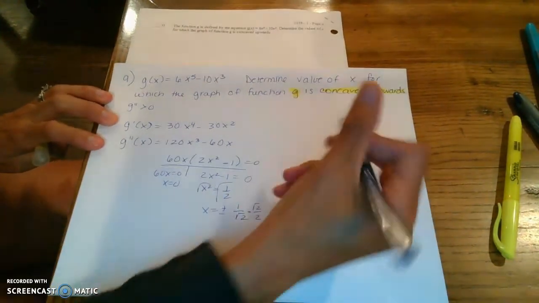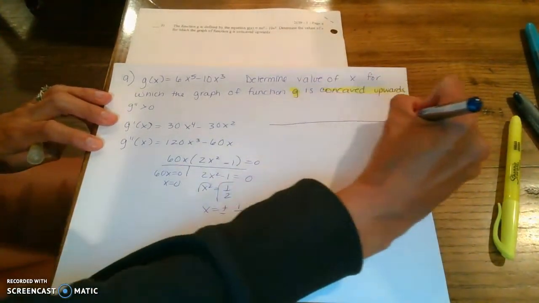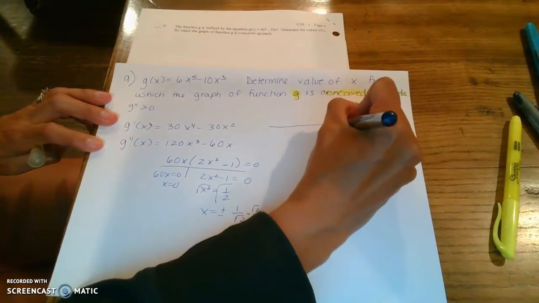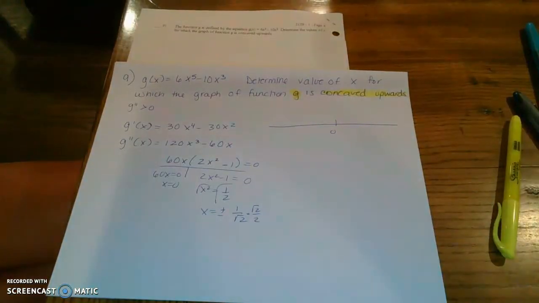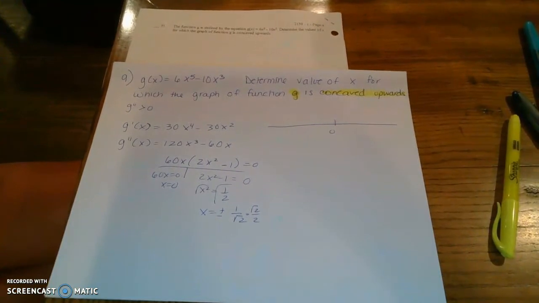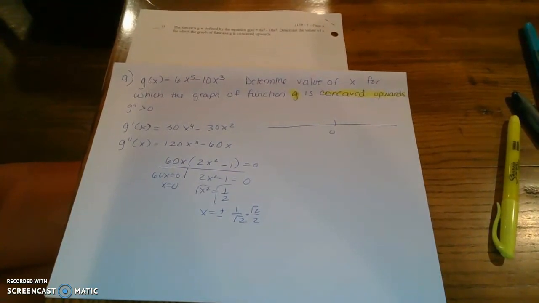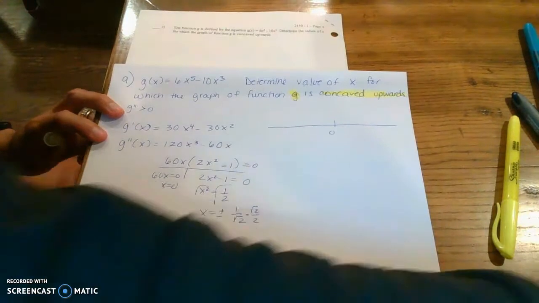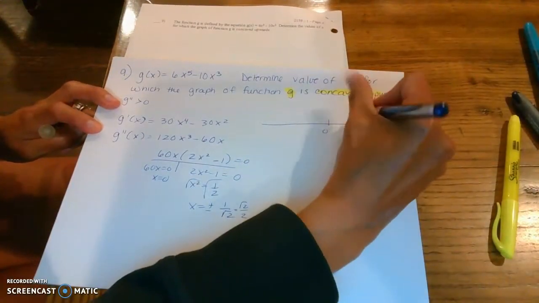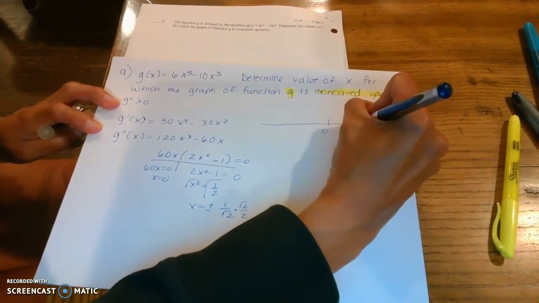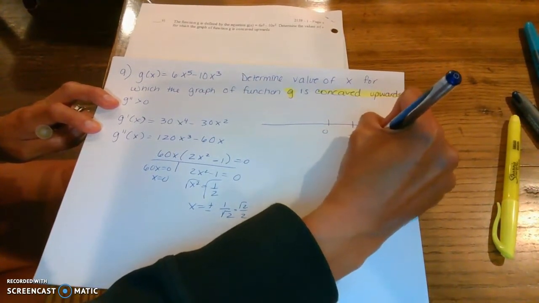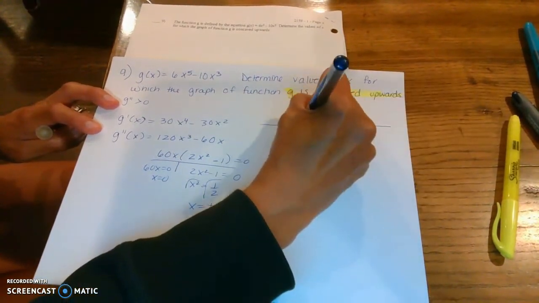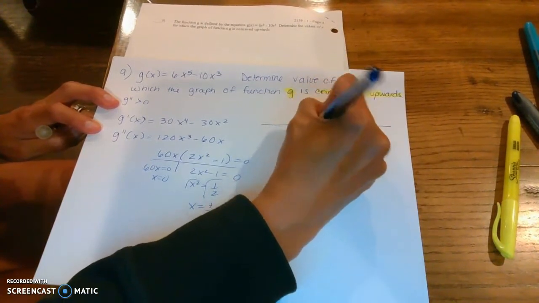Whichever one is fine. So on my number line, we're going to get 0, and then square root of 2 over 2 is roughly 0.7, just so you have an idea of where positive 1 over root 2 is, and -1 over root 2 is -0.7.